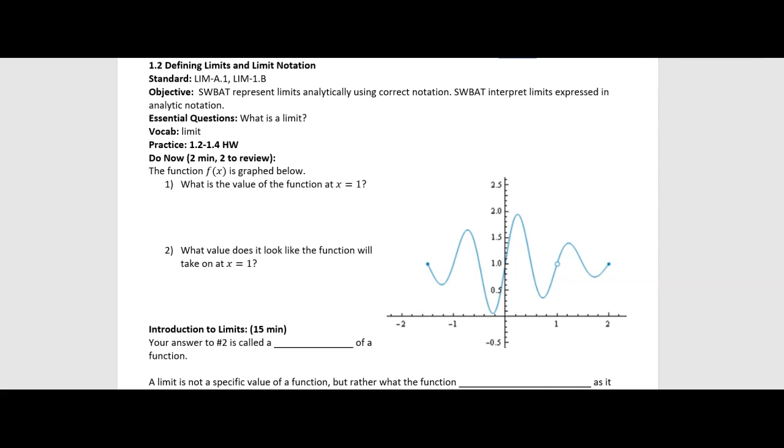Let's look at our do now. Number one says, what is the value of the function at x equals 1?